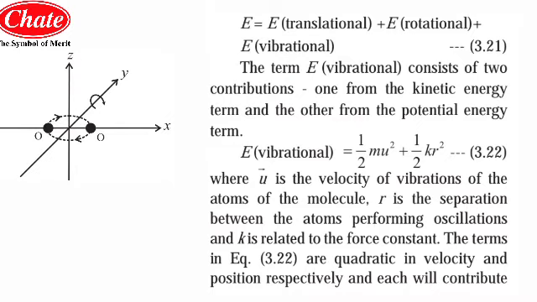So the vibrational energy may be given as half m u square plus half k r square, where u is the velocity of vibration of the atoms of the molecule, r is the separation between the atoms performing oscillations, and k is related to the force constant. The terms half m u square and half k r square are quadratic in velocity and position respectively, and each will contribute.